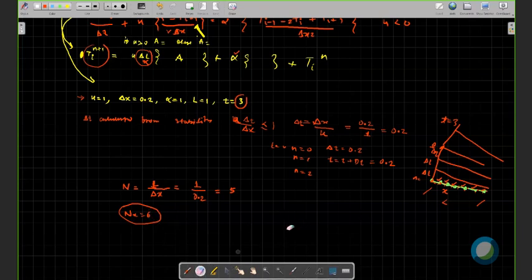Now when you know that nx is equal to 6, suppose your nx's are like this: 1, 2, 3, 4, 5, 6 and 7. Suppose this is i equals 1 and this is i equals nx.